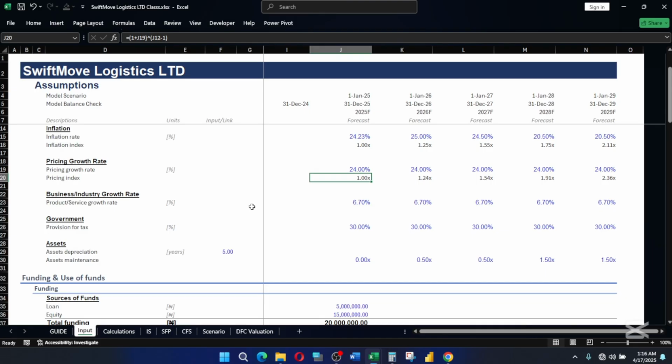And in this channel, I have dedicated myself to building industry-based, business-specific models. I don't want to just come and say, okay, how to build a two-statement financial model, without being specific to the kind of industry, to the kind of business that we are going to be building this model for. That's why we started off with a general-based business, which is a distribution company.